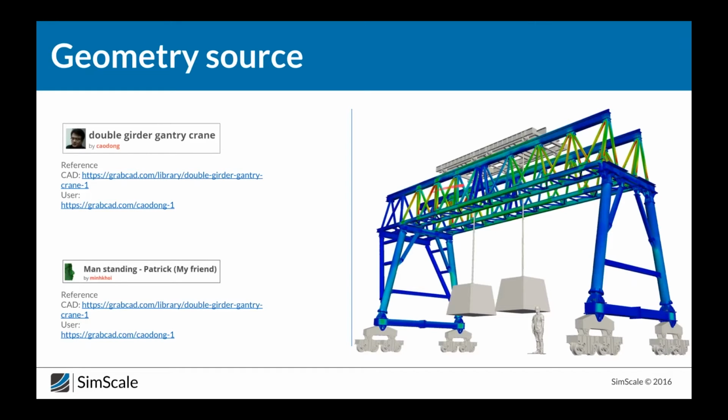So today I'll be using this gantry crane as an example to demonstrate how to prepare this geometry for simulation. This is not my own geometry. This was taken from a GrabCAD user who has kindly made this available for the purposes of this demonstration.